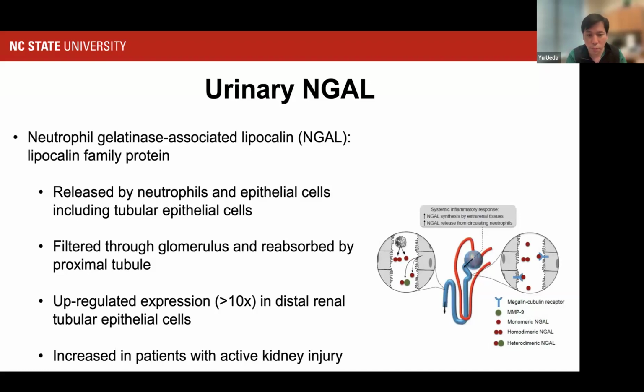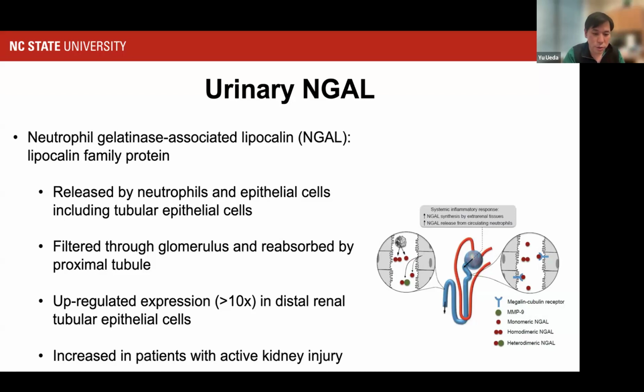For example, from neutrophils or other epithelial cells outside of the kidneys, they can be filtered through the glomerulus and reabsorbed by the proximal tubules. So when there is kidney injury, especially at the proximal tubules, the reabsorption of this NGAL protein is going to be decreased, and that is going to increase the concentration of the NGAL protein in the urine.